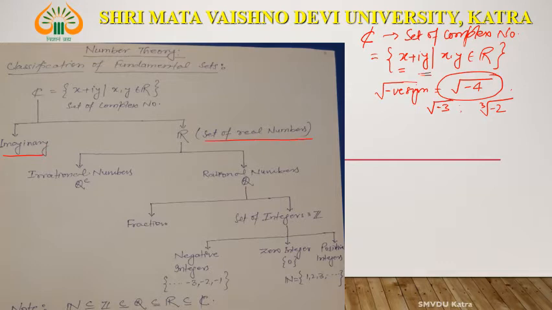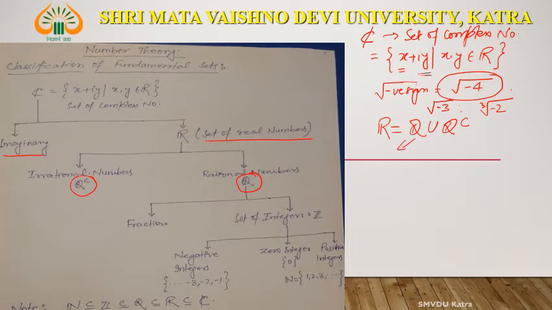Further, the set of real numbers is classified into rational numbers and irrational numbers, that is Q and Q complement, that is R is equal to Q union Q complement. Right? What is a rational number?